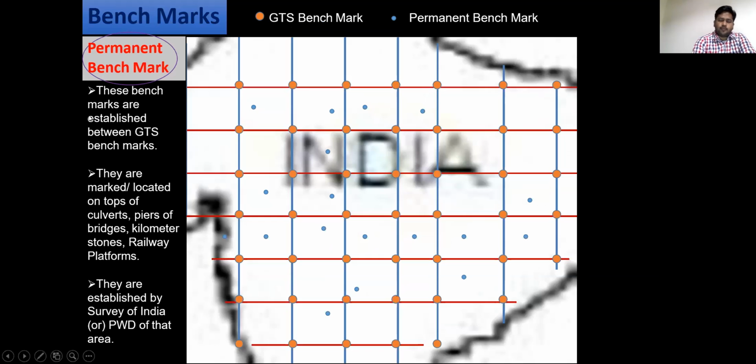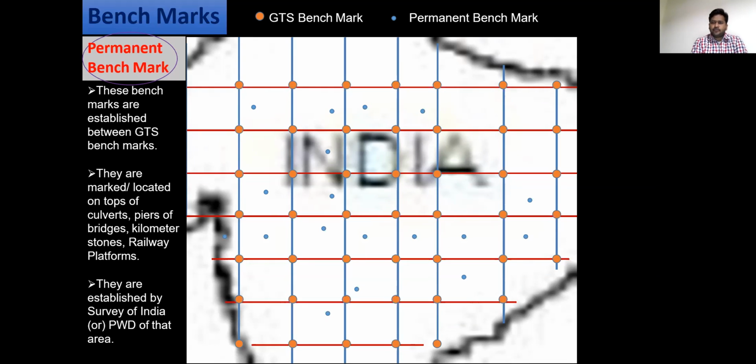So what is permanent benchmark? These benchmarks are established between GTS benchmarks. They are marked and located on tops of culverts, piers and bridges, kilometer stones and railway platforms.